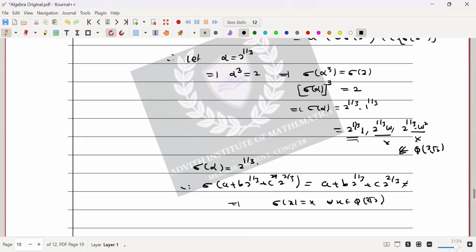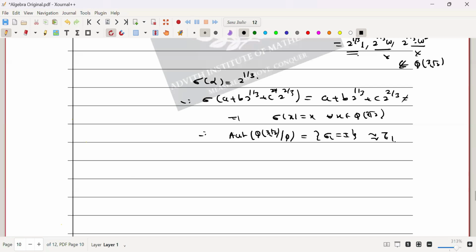That means the automorphism group of Q of cubic root of 2 over Q is equal to {sigma 1}, the identity transformation, which is isomorphic to Z1. Therefore the order of the automorphism group is equal to 1.